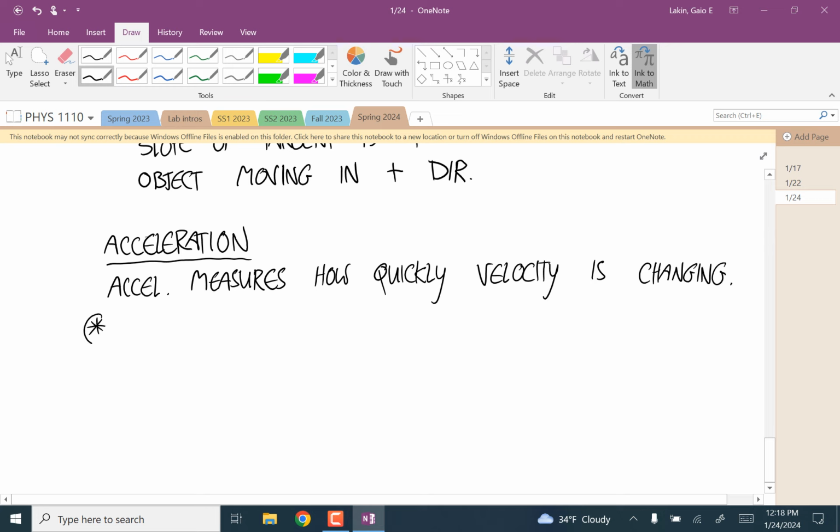Notice something about that definition. If acceleration is measuring how quickly the velocity is changing, then if the velocity isn't changing at all, there's no acceleration. Okay, so anytime you have constant velocity, that means the same thing as zero acceleration. Constant velocity is zero acceleration.